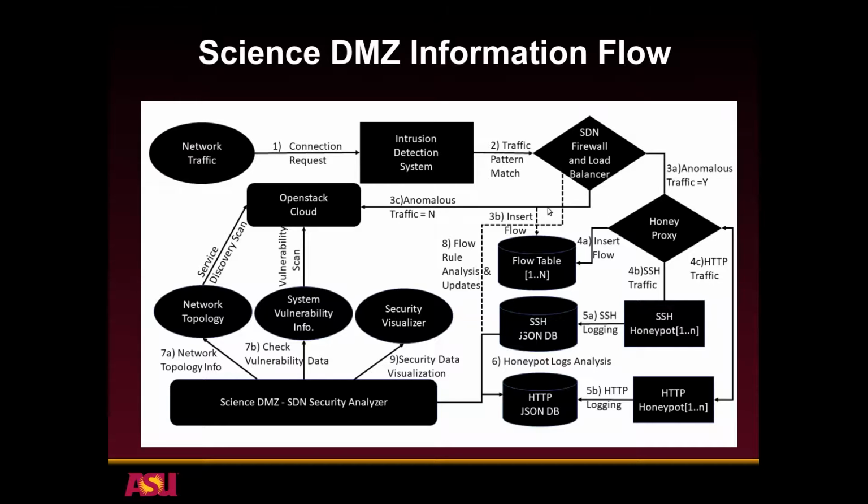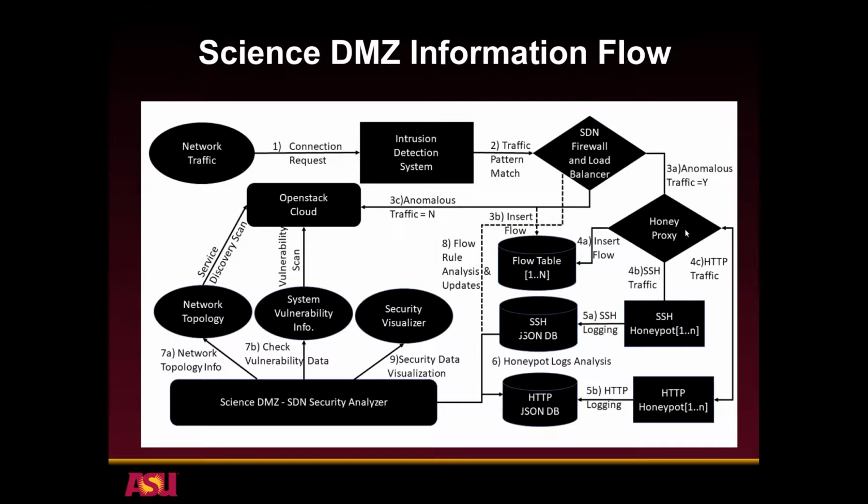However, if there is no signature match for the incoming traffic, the traffic is allowed to interact with the services running on the OpenStack based cloud. We have used the latest OpenStack version Okata and the SDN controller, which is using a network module to manage the OpenStack based system.